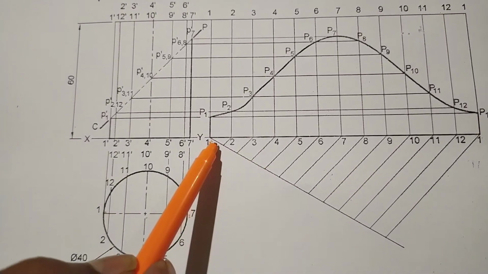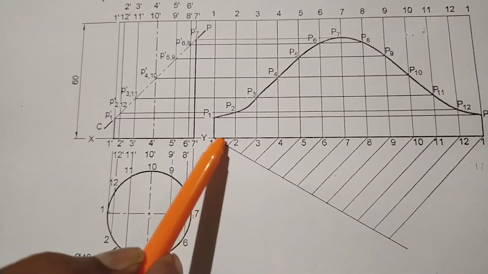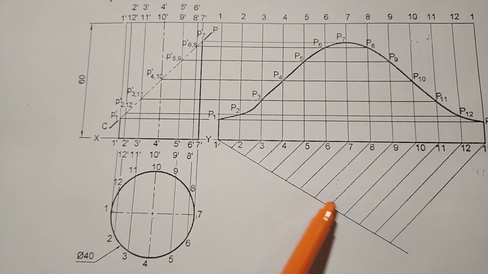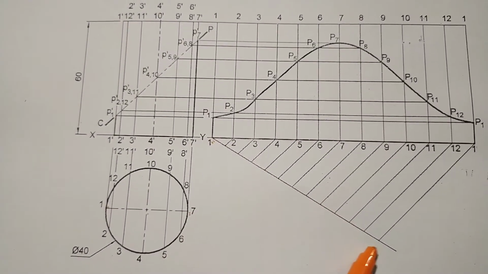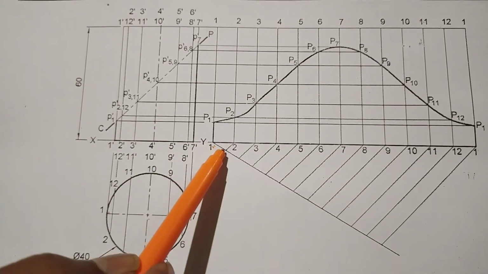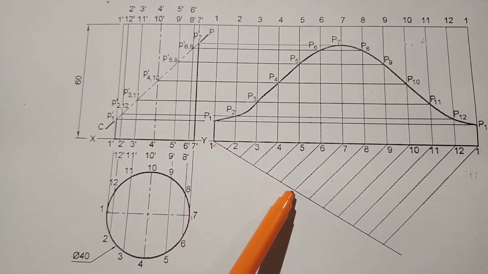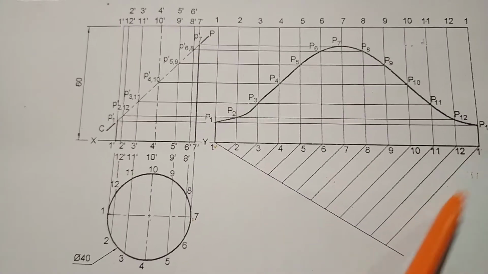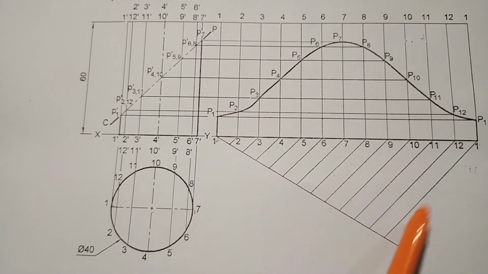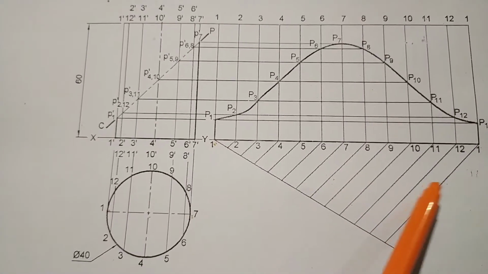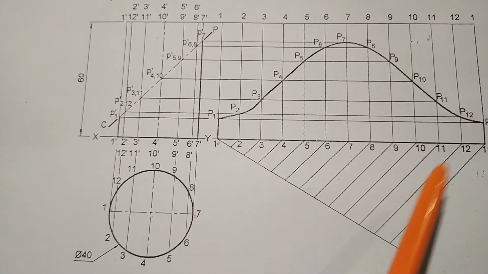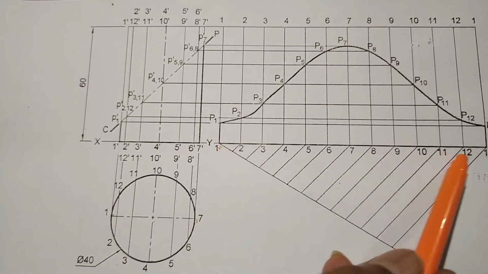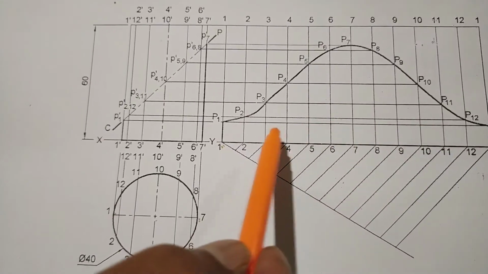Make 12 parts of 10 mm each: first part 10 mm, second, third, fourth, up to the twelfth. These are the 12 parts: 1, 2, 3, up to 12 and 1. Join this line from 1 to 1, fix this parallelism and transfer it to all the points. We will obtain a total of 12 parts.